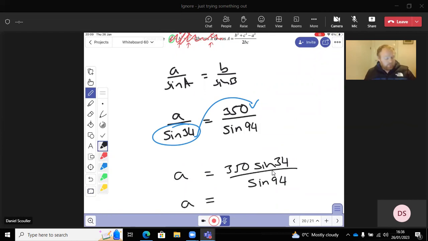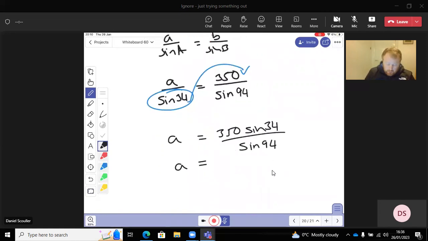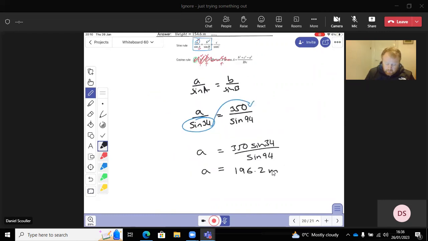Stick that in my calculator. 350 sine 34. I'm getting a length of 196.2, and that's in metres. So I'm going to get a length of 196.2 metres.